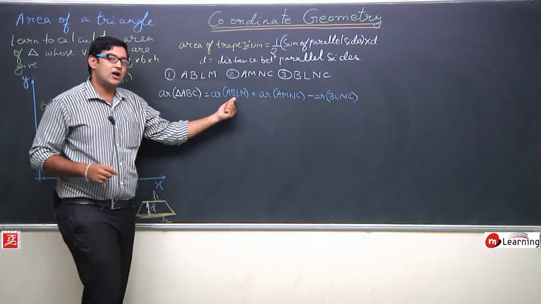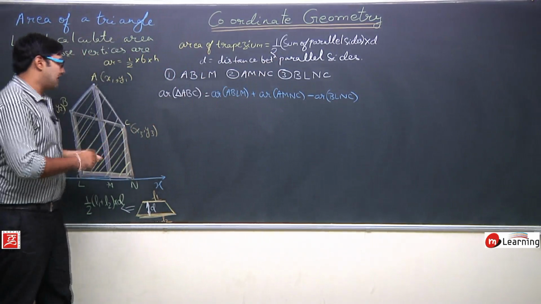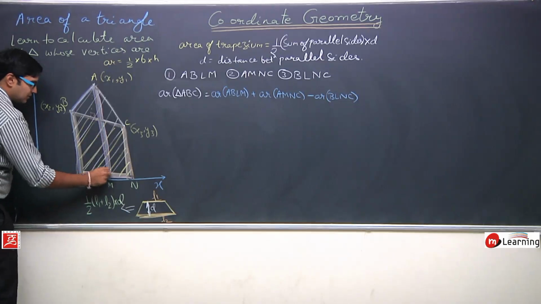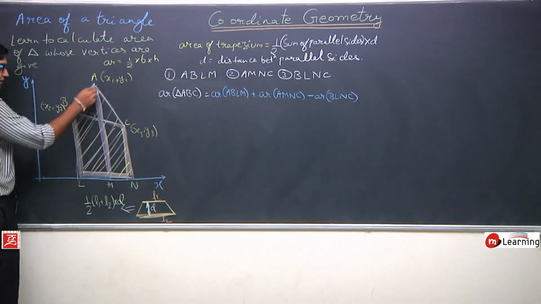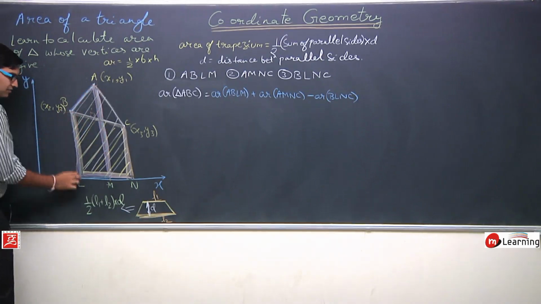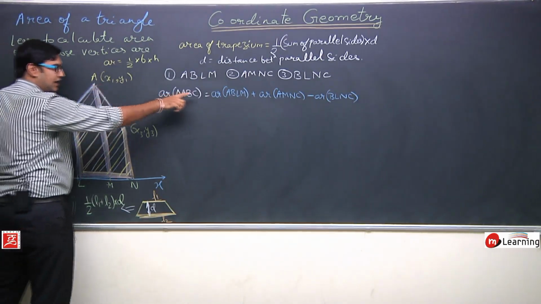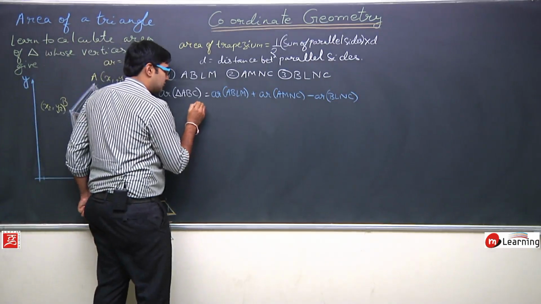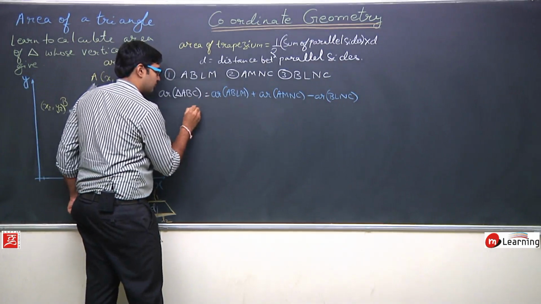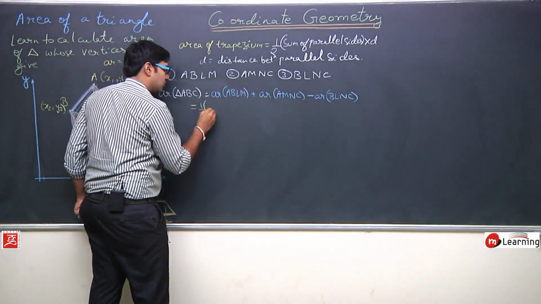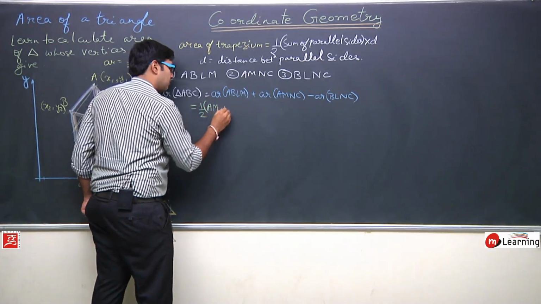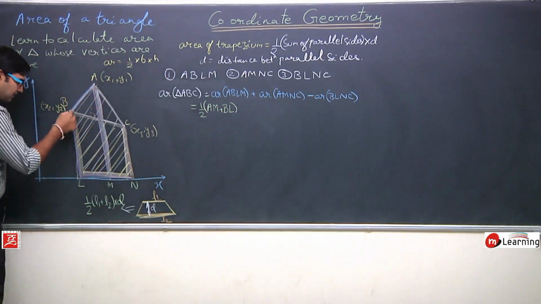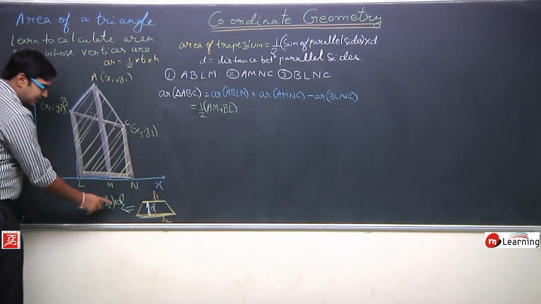Let's talk about the area of ABLM. ABLM is this trapezium. In this trapezium, the parallel sides are AM and BL. Okay, so I need to add the parallel sides. So the area of this trapezium will be equal to half into AM plus BL, into the distance between them.